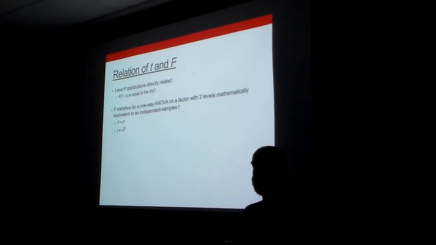So say you run an independent sample t-test and you found a test statistic of 9, right? John runs an independent sample t-test, he gets a test statistic of 9, and I say I don't like independent sample, I think you should run that as an ANOVA. John would say, well, it doesn't make a difference, that's a dumb thing to do, but I have an affinity for ANOVA, and I say, I want you to run this as ANOVA with 2 levels of your between subjects factor, and I want you to tell me what your F statistic is.